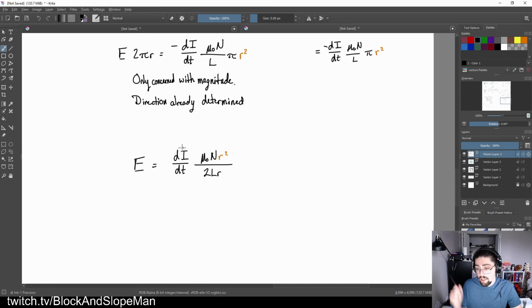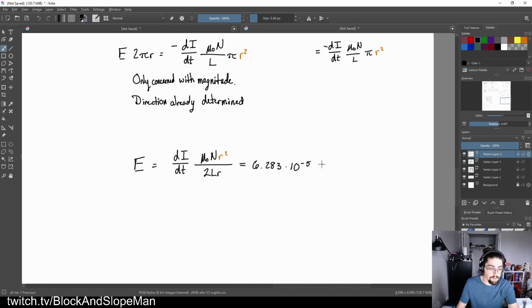Mu naught is a constant, n is 200, orange R is 5 centimeters, black R is 10 centimeters, L is 0.5 meters, and we know di dt is 0.5 amps per second. When we plug all of these quantities in, we should find an electric field of 6.283 times 10 to the negative fifth.